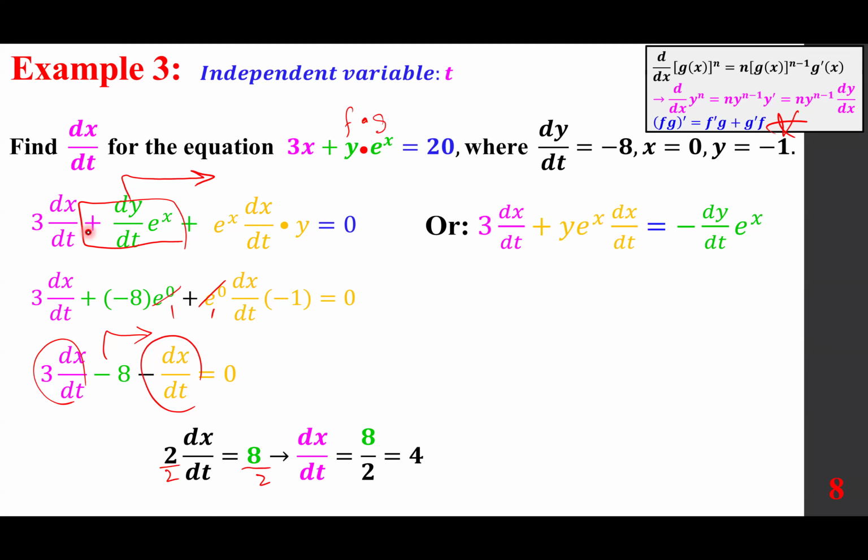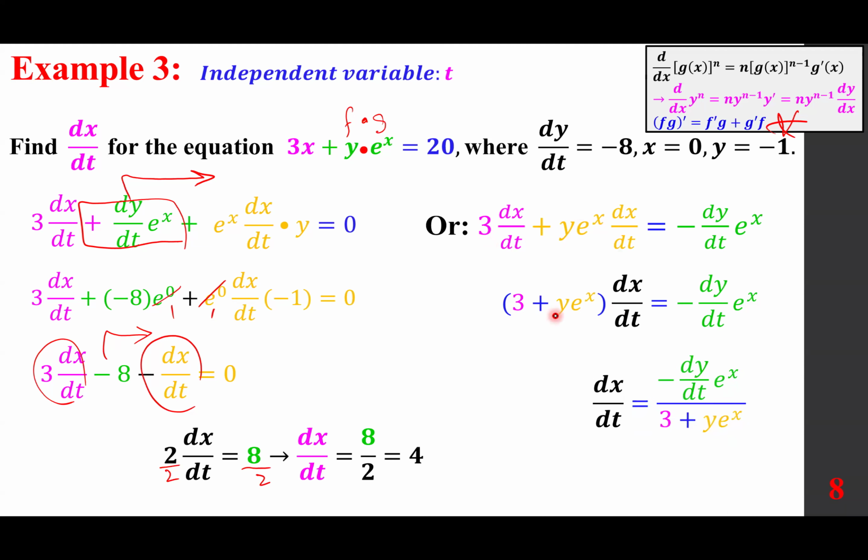On the left side, clearly dx/dt is in common, so it gives us 3 plus y e to the power of x when we factor the dx/dt out. And divide the right side by the parentheses, that gives you dx/dt. And obviously, if you plug in, you will get the same answer, 4, as we did already.